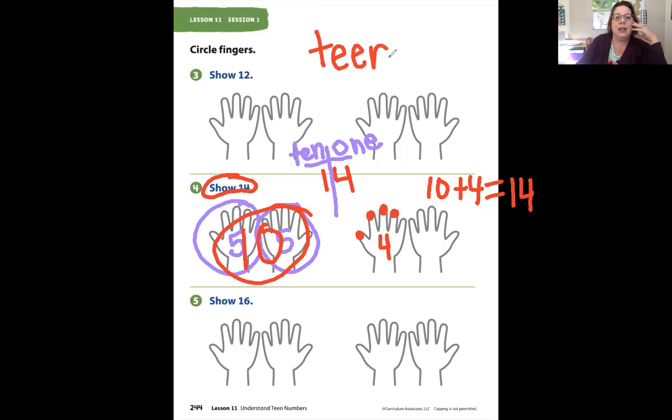I'm going to put E. And I want to emphasize that whenever you see the E and the E, we're going to go like this. E. T. E. Teen. Because sometimes we get confused when we hear 14 and we write 40, 50, 60.